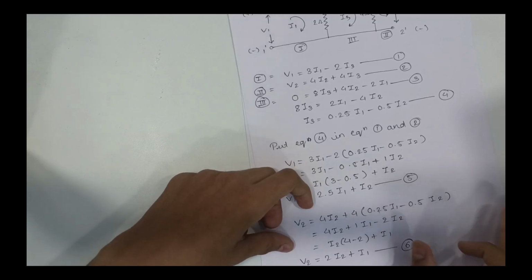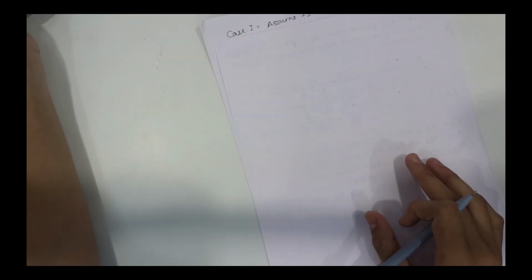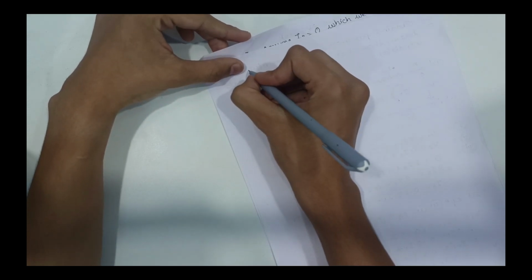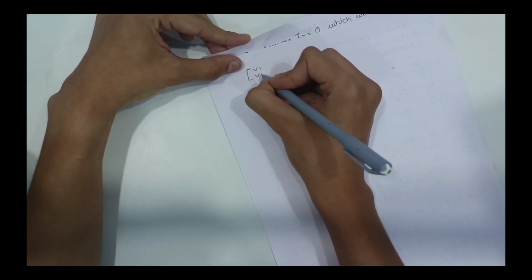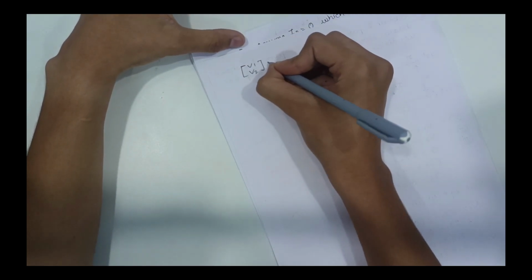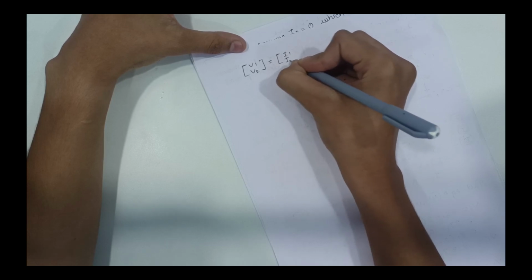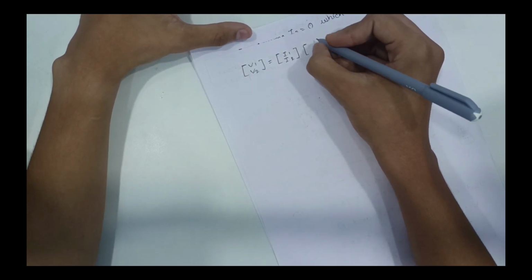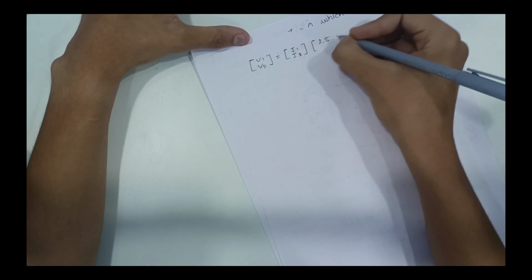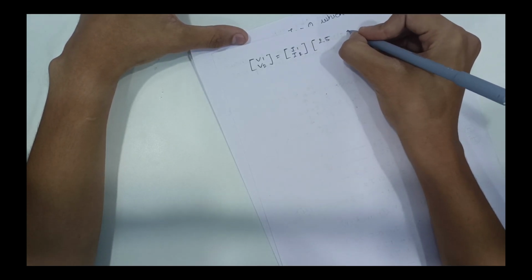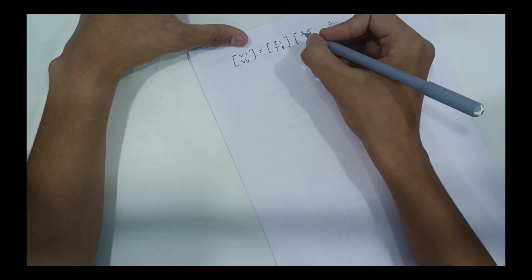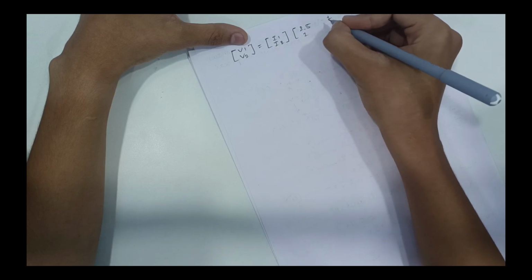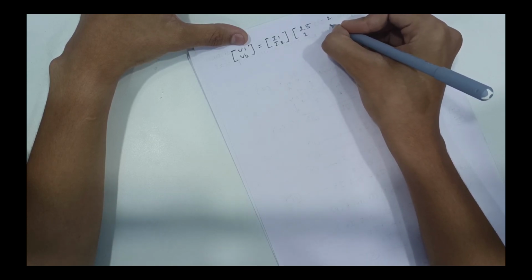This will be our sixth equation. Now putting these equations in the form of a matrix, we get V1 V2 equal to the Z matrix times I1 I2. The value of Z11 will be 2.5, the value of Z12 will be 1, the value of Z21 will also be 1, and the value of Z22 will be 2.